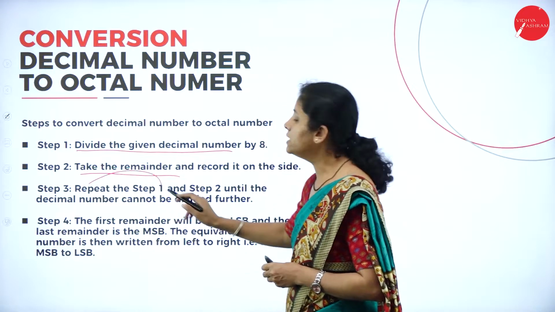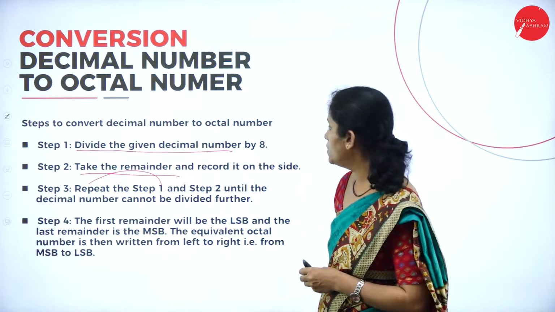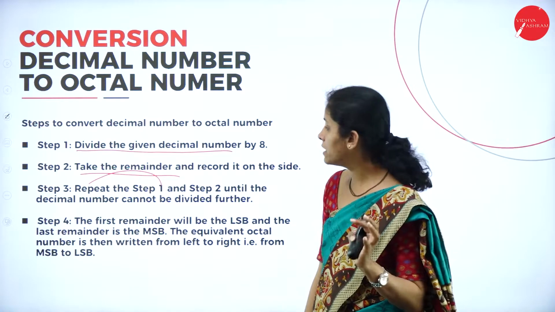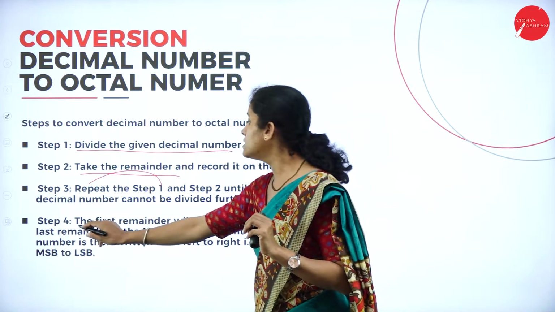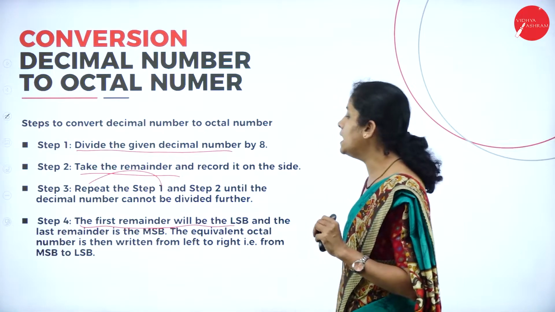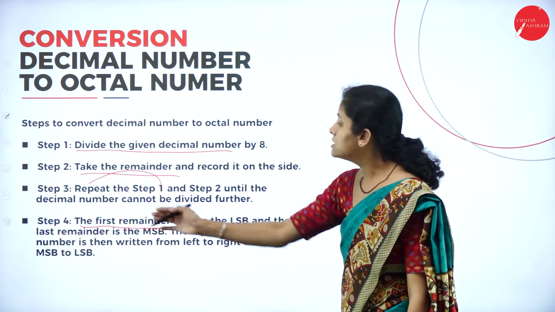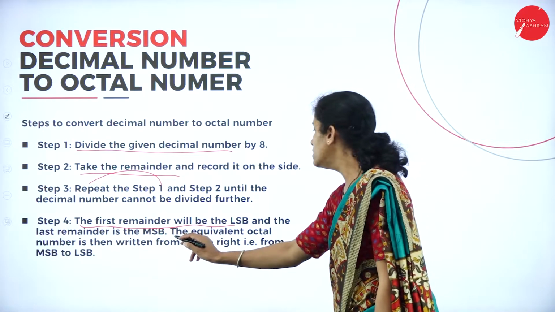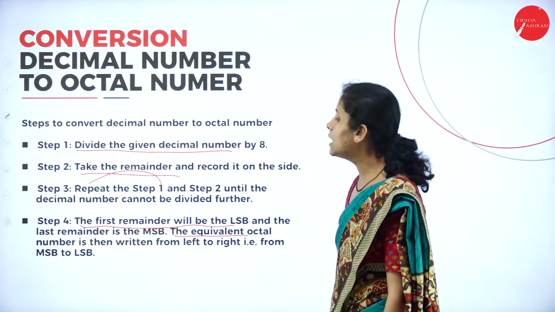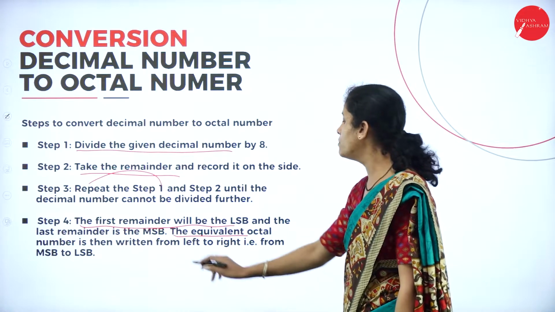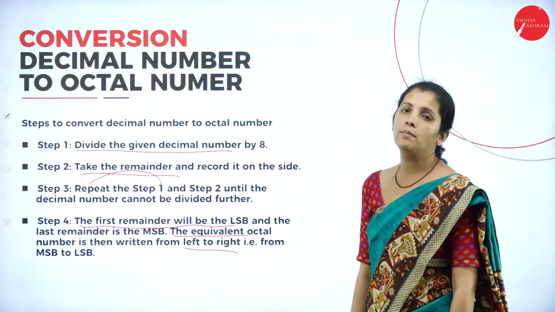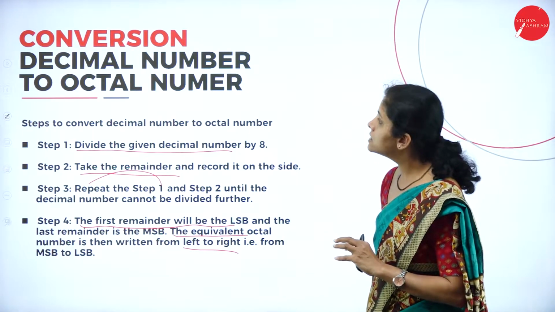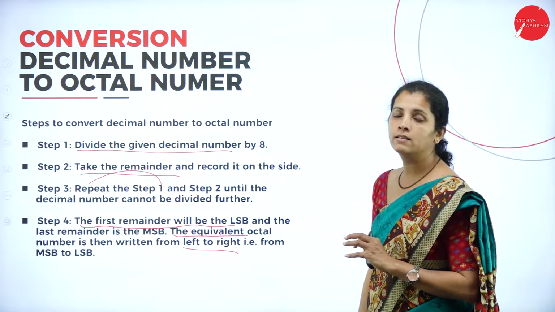I repeat step 1 and step 2 until the decimal number cannot be divided further. The first remainder will be the LSB and the last remainder is the MSB. And the equivalent octal number is then written from left to right.